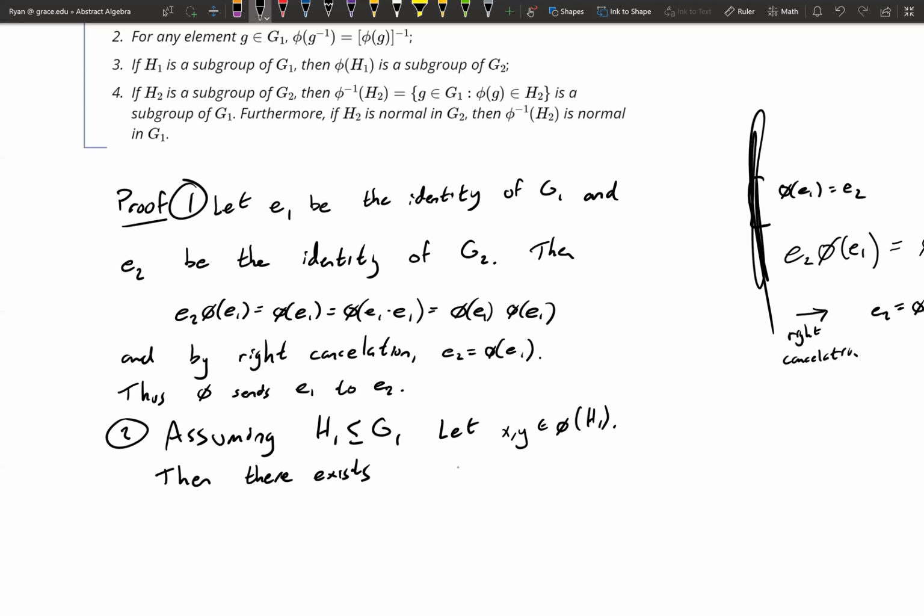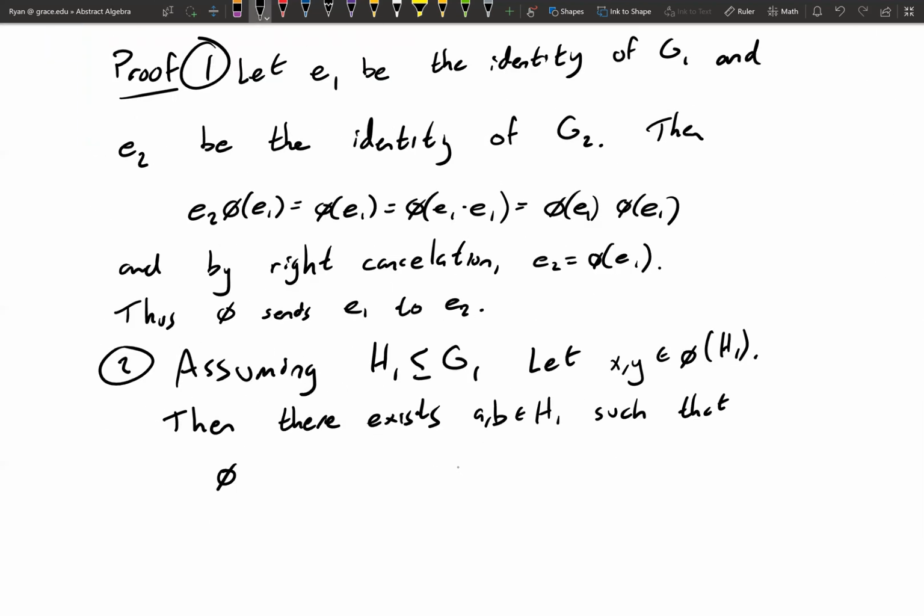There exists, I'll call them A and B from H1, such that phi of A equals X and phi of B equals Y.